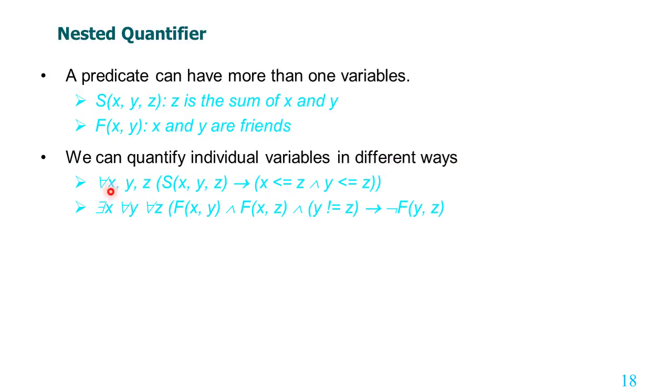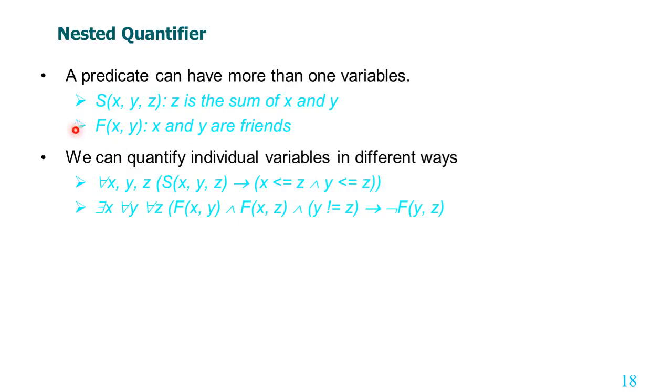For example, for all x, y and z, if x plus y is equal to z, it implies that x is less than z and y is less than z. That statement means if x plus y is equal to z, then definitely x is less than z and y is less than z.